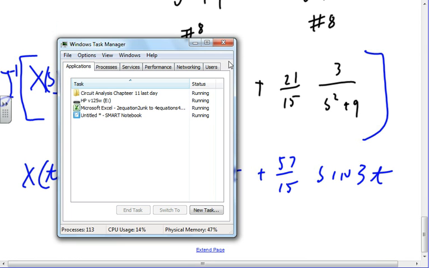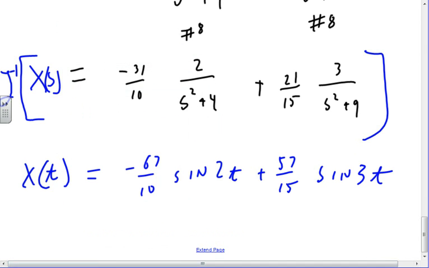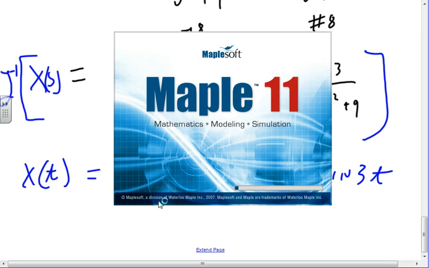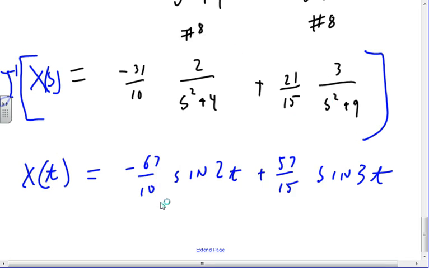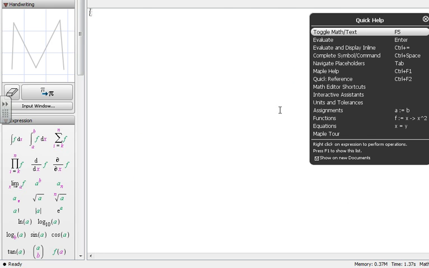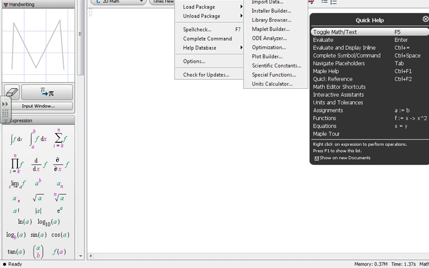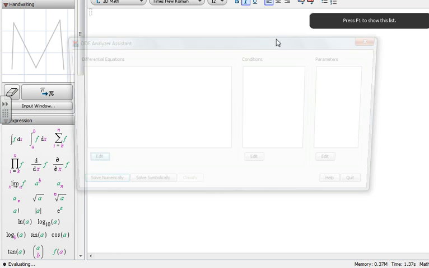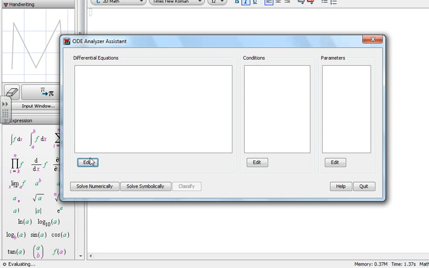Okay, we forced Maple to shut down. Now we'll open it up, see if it'll cooperate the second time. Tools, assistance, differential equation solver. Oh, much better.